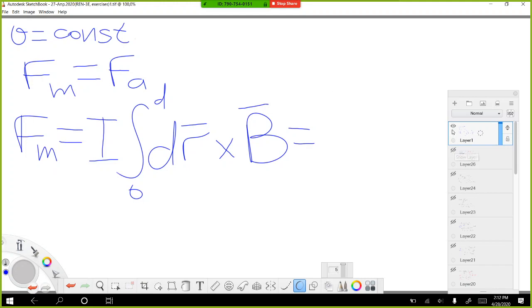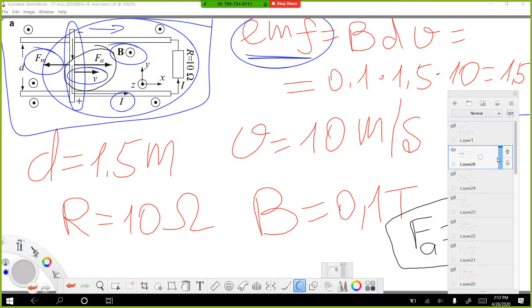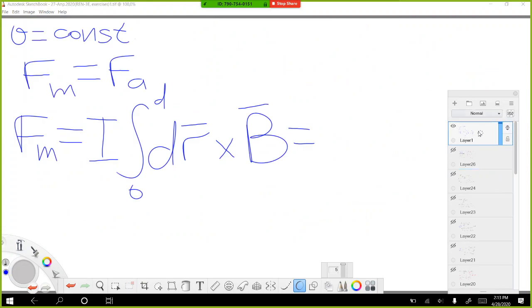Let's go back to our previous slide. The length of this bar is equal to d, and the current flows in this direction, and the length vector of this bar we can write as dr equals minus y roof dl.